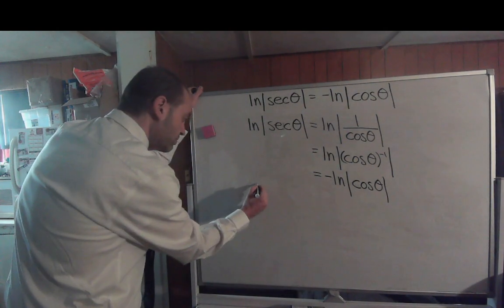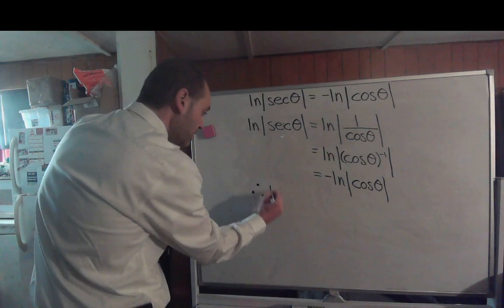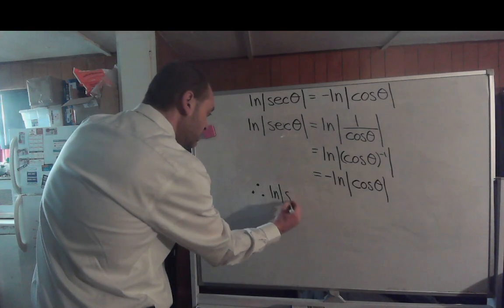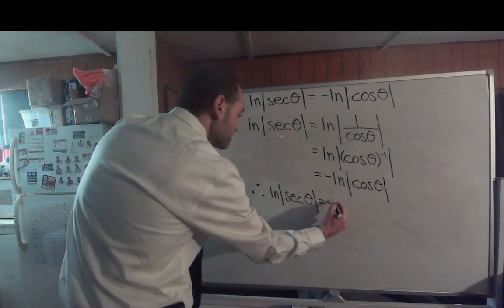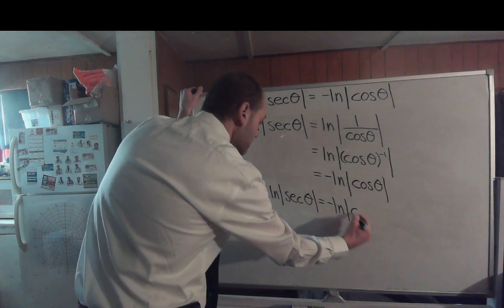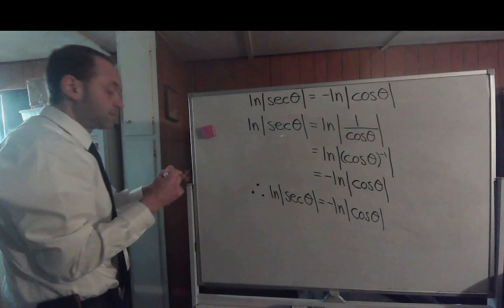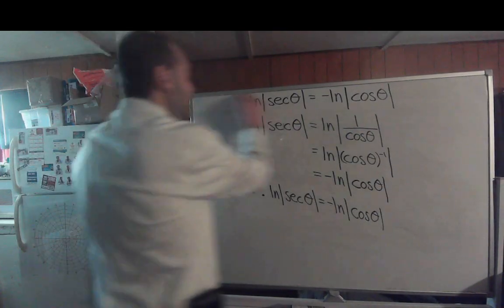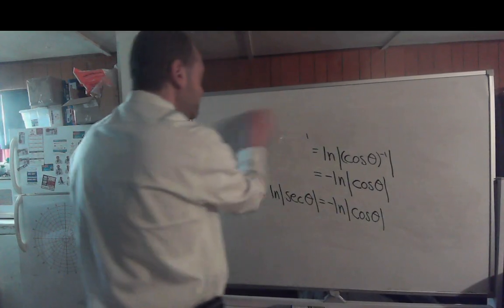Okay, so we've proven the identity, so now we can say, therefore, the natural log of the secant of theta equals the negative natural log of the cosine of theta. I got two more logarithmic ones, then we're going to move on to simplifying some trig expressions.